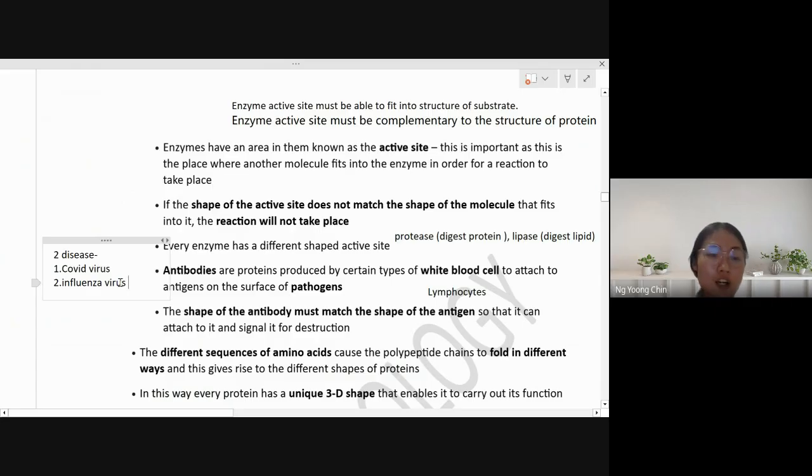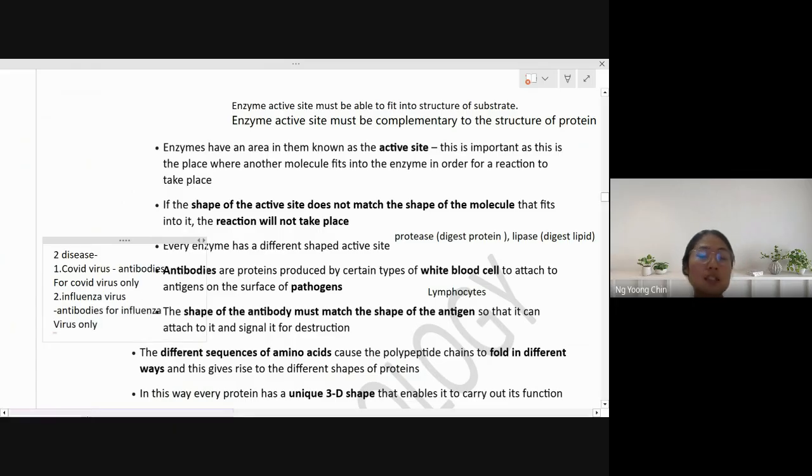The COVID virus will induce your body's lymphocytes to produce antibodies only for the COVID virus. The influenza virus only induces your lymphocytes to produce antibodies for that specific influenza virus only.